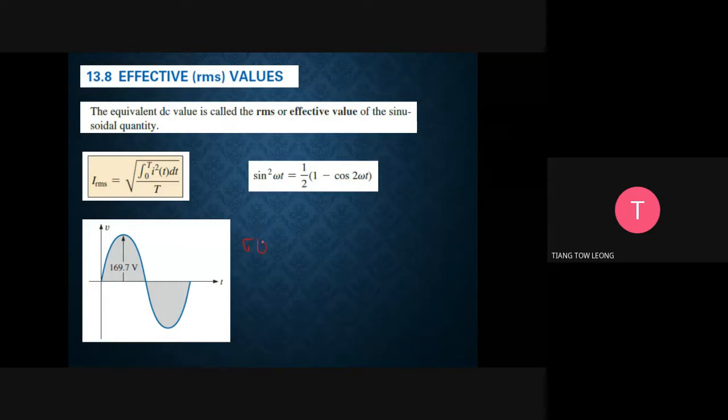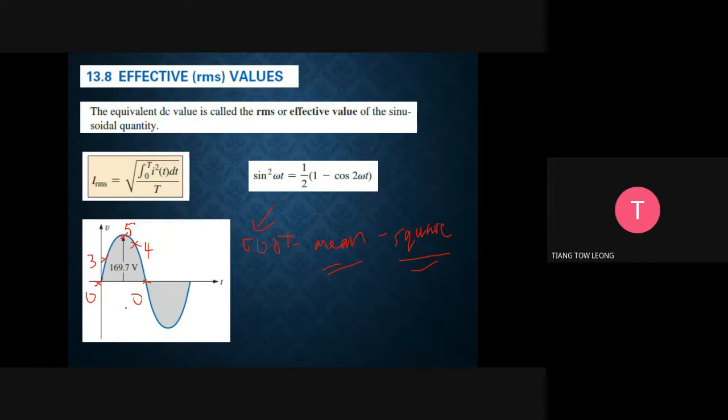Root mean square means, like this, we square the data first, we take the mean, then we take the root. For example, we have 0, 3, 5, 4, 0.